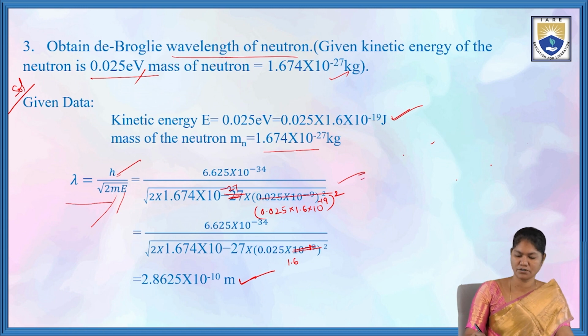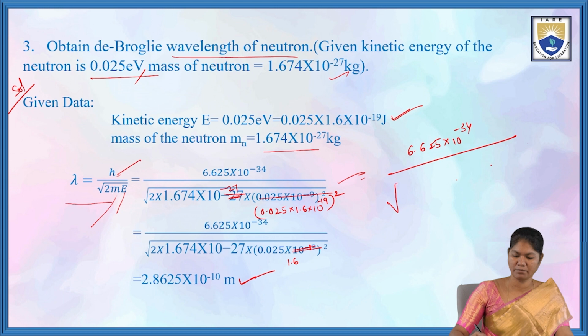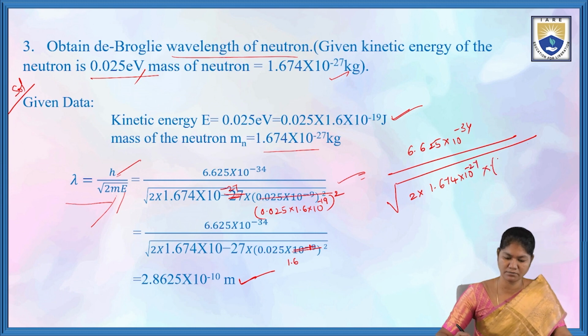So it is equal to 6.625 into 10 power minus 34 divided by root of 2 into 1.674 into 10 power minus 27 into 0.025 into 1.6 into 10 power minus 19.